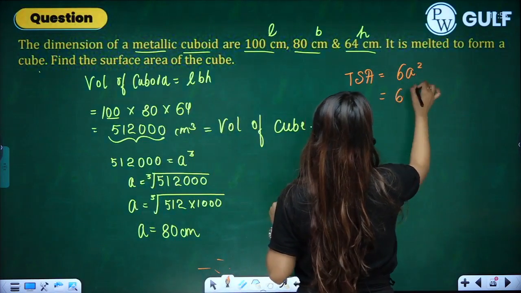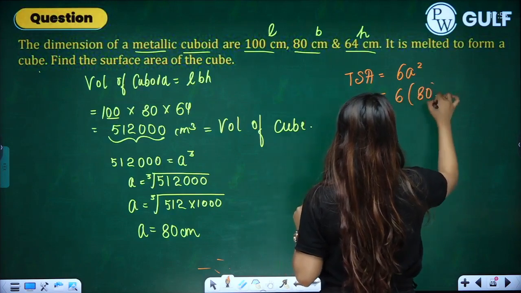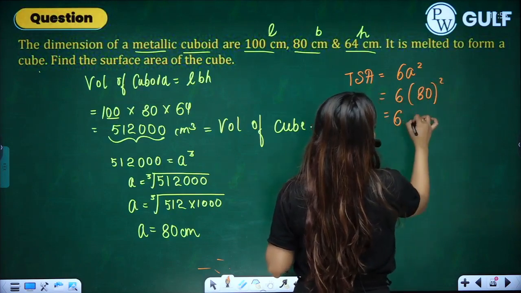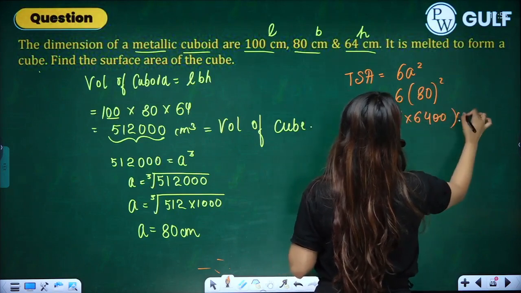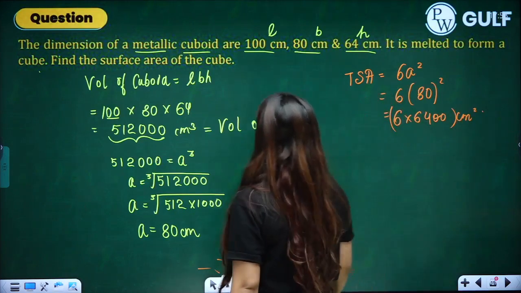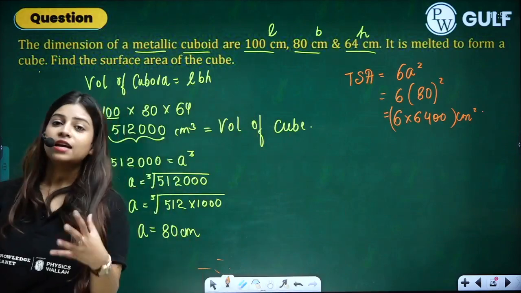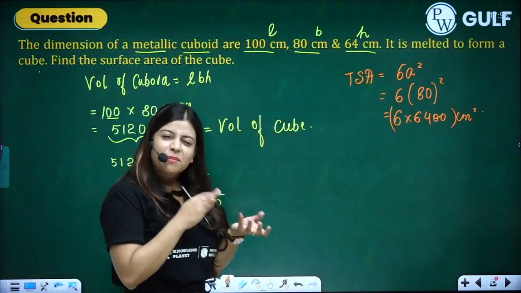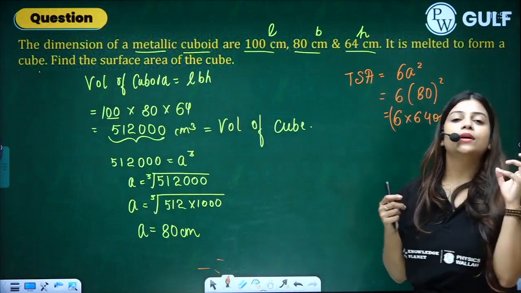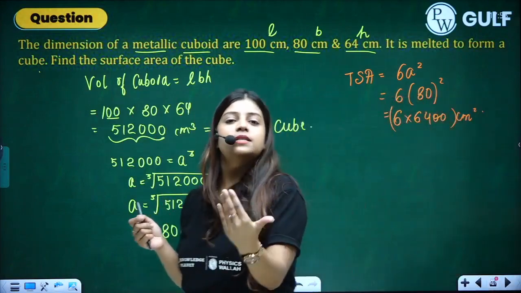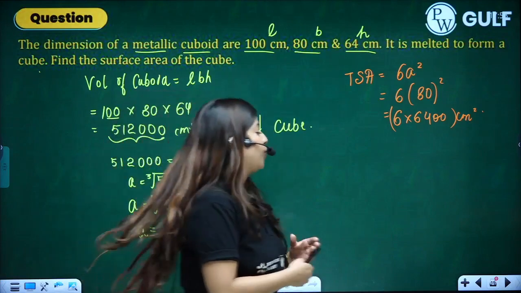That means 6 into 80 square, that means 6 into 6400 will give you the answer in centimeter square. So this is how the concept of melting and recasting works, students, that once you are given a particular object, the volume remains the same and then you can carry forward with it.